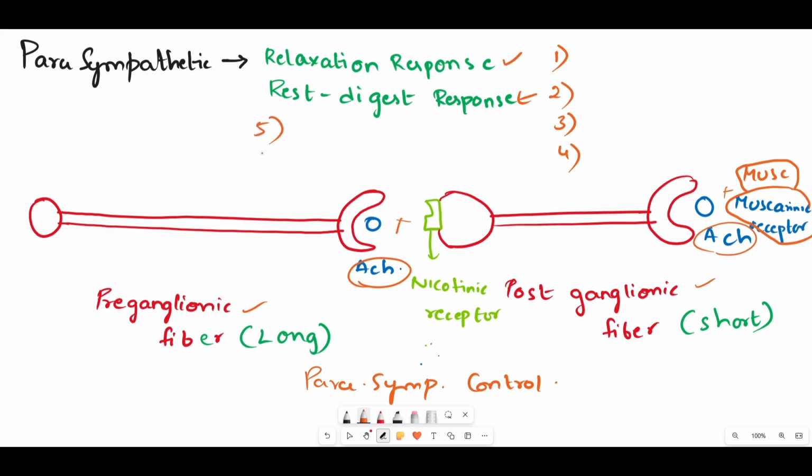The fifth point is that only one neurotransmitter is released from it, and that is acetylcholine. The sixth point is that this released acetylcholine can bind to different receptors. The seventh point is that the acetylcholine released from the preganglionic fiber binds to the nicotinic receptors and to the muscarinic receptors at the end of the tissue. That's it. These are the points you need to include under the parasympathetic nervous system.